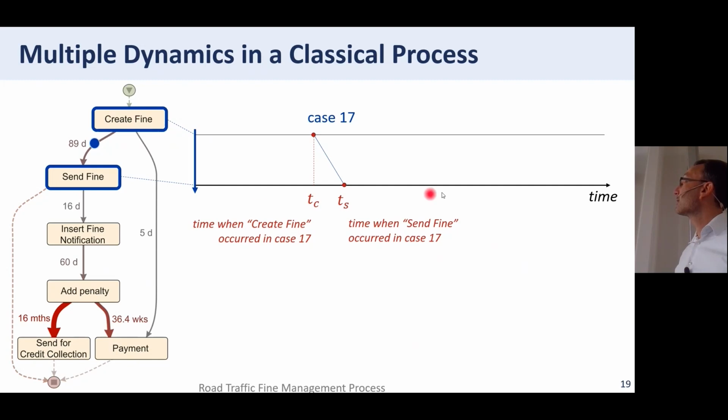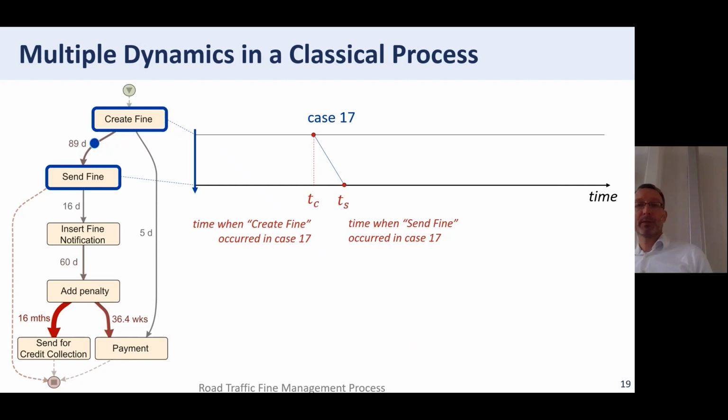So I have the time axis on the x-axis. On the y-axis, I'm putting create fine as an activity, and here's send fine. So if I have a case that was a create fine at time tc, well, sometime later, it reaches send fine. So I can draw this diagonal from this point to that point.